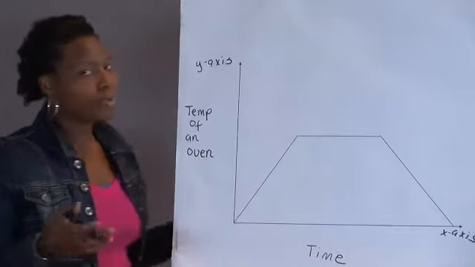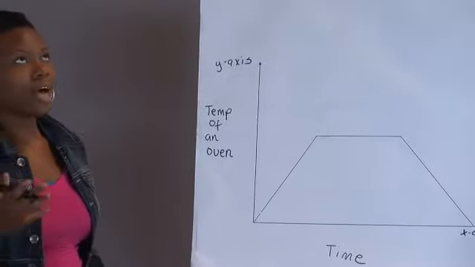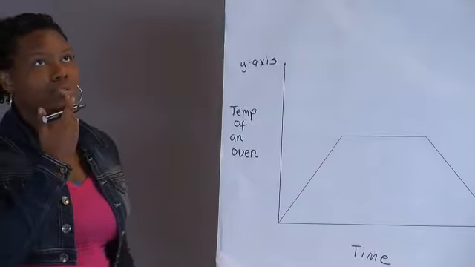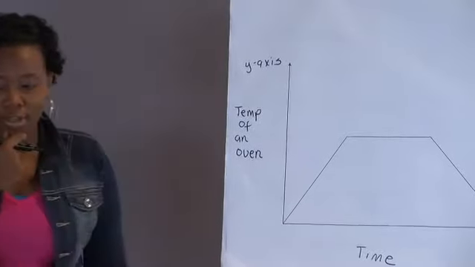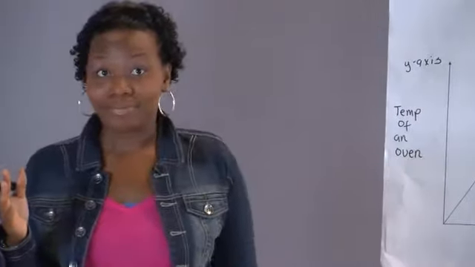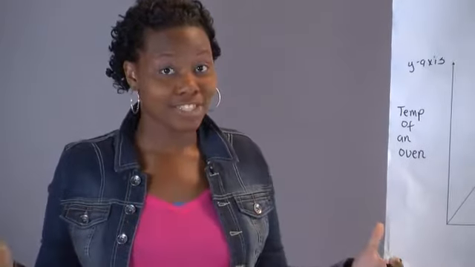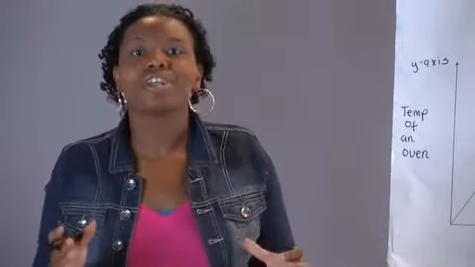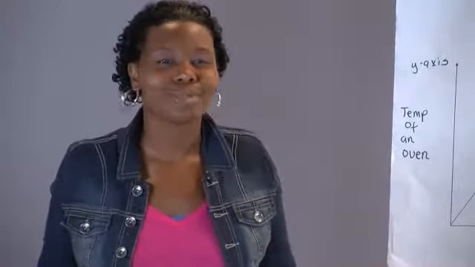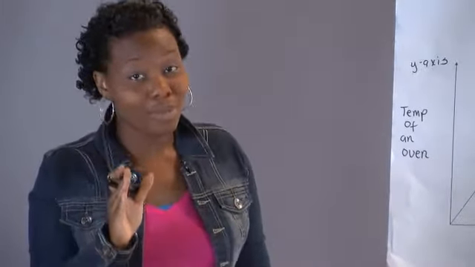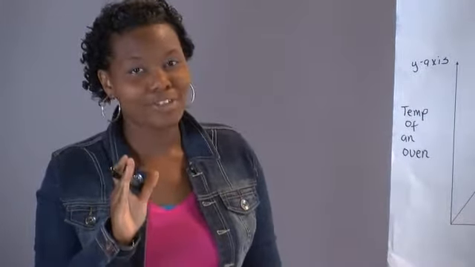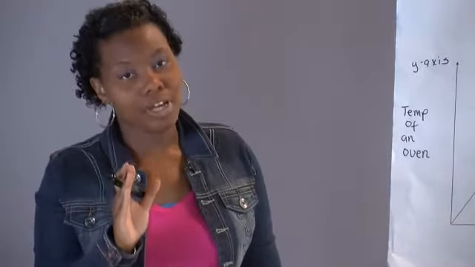Now, before I put numbers here, let me think about what I want this to interpret. Okay, I got it. So, I like to cook. My favorite dish is mac and cheese. Let's say I'm cooking macaroni and cheese for Sunday dinner or something like that, okay? For anybody who likes to cook, you know that if you're going to make mac and cheese, the first thing you have to do is warm up the oven.